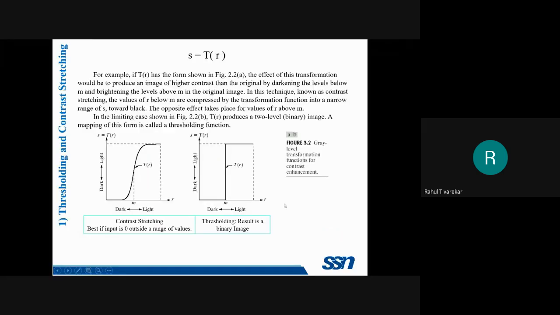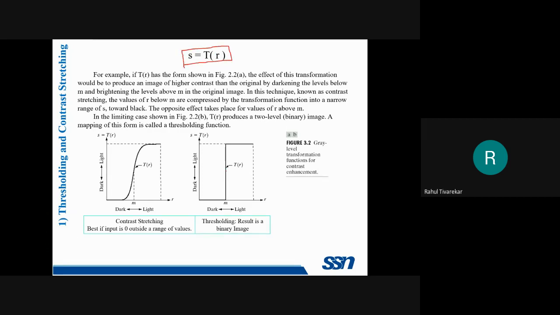We were given an input image having intensities R. We convert those input intensities to the output intensities S with the help of some transformation, S is equal to transformation on R.